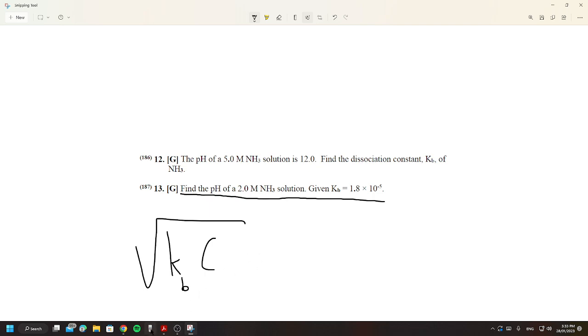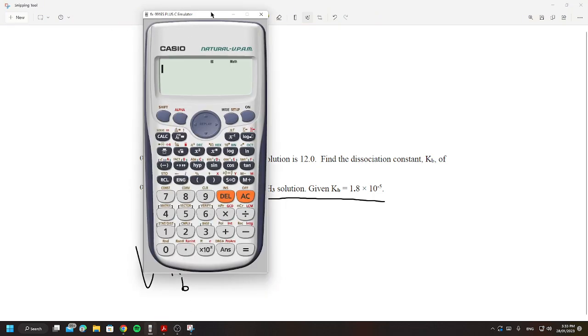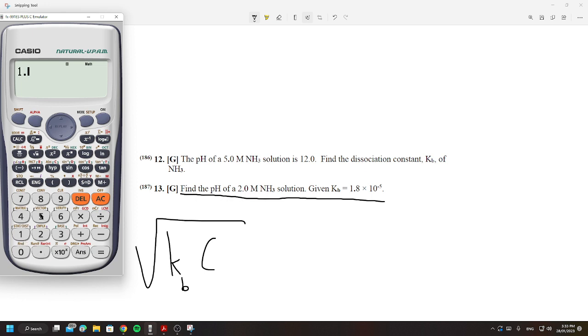So 1.8 times 10 power negative 5 times 2. We got the concentration of OH to be 6 times 10 power negative 3.